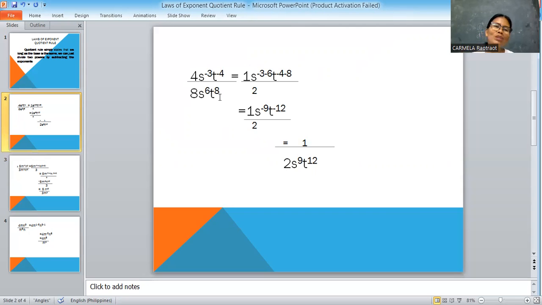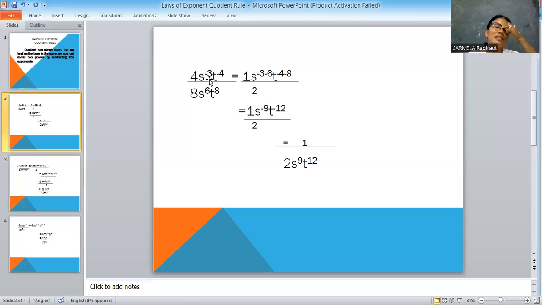Look at the smaller number. Is 8 divisible by 4? Yes, so your GCF is 4. So 4 divided by 4 is 1, and 8 divided by 4 is 2. Therefore, 4 over 8 is 1/2.